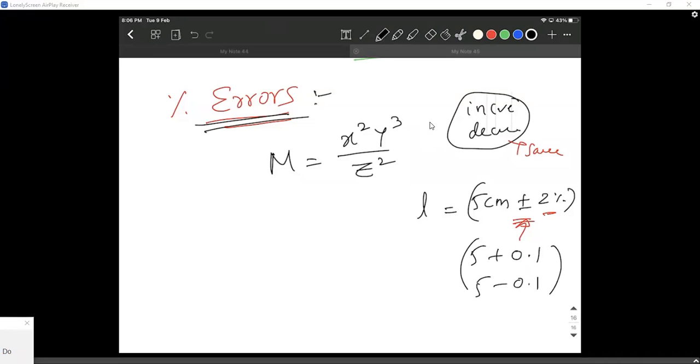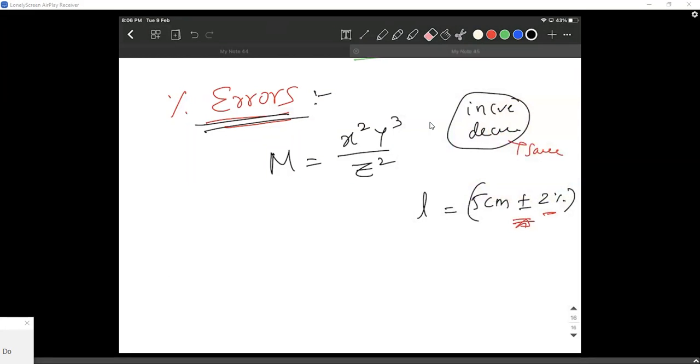So that is the idea. Whenever you write percentage errors, you need to mention both the positive and the negative value. When it comes to a percentage error, you don't consider all these signs anymore. All you have to do is simply add.